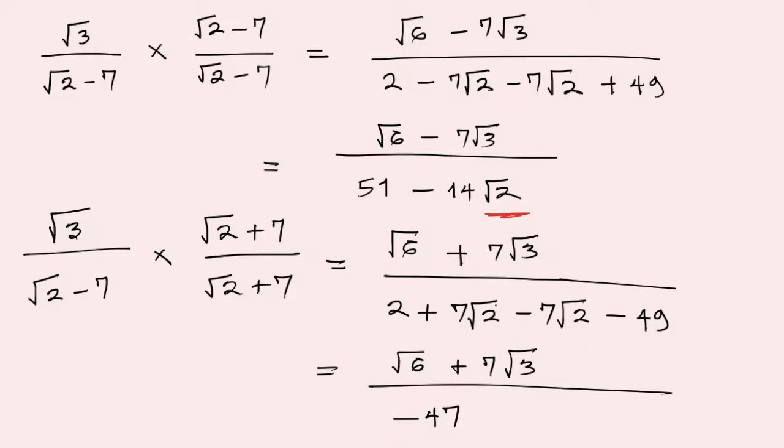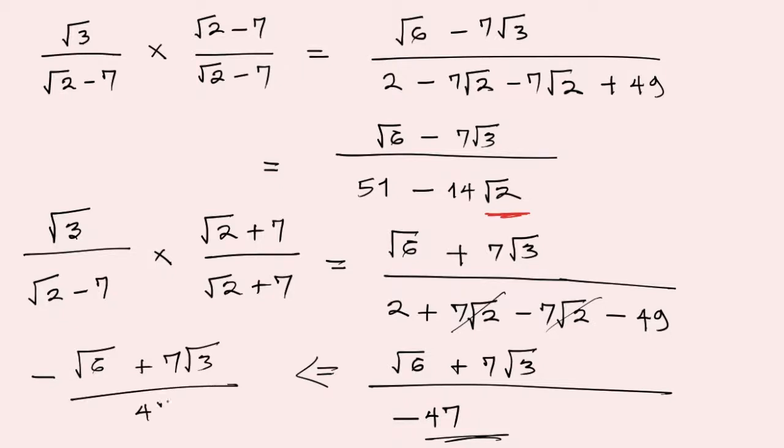And we can see that plus 7 root 2 minus 7 root 2 can cancel out each other. And this is a rationalized fraction. And so we can see that a more correct way of expressing this would be minus root 6 plus 7 root 3 over 47. And we have our rationalized surd.